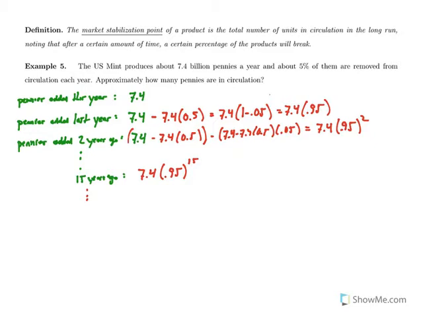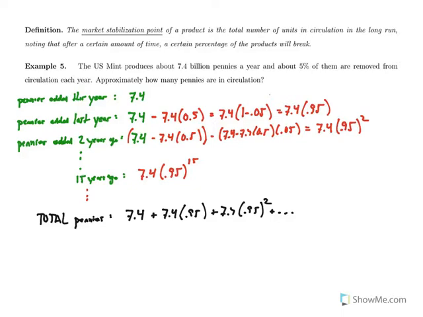So the total amount of pennies is going to be adding up all of those together, and it's going to be 7.4 plus 7.4 times 0.95 plus 7.4 times 0.95 squared, and that's going to go on forever. All right, or we can think about if we went for the long run, that would be what happens.